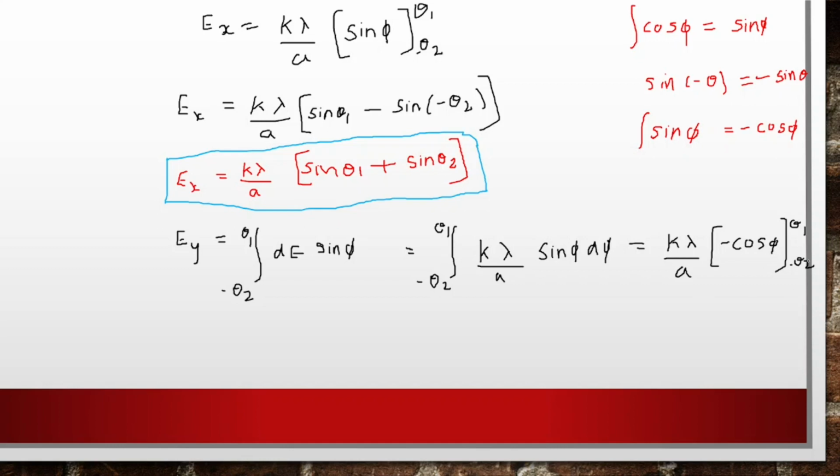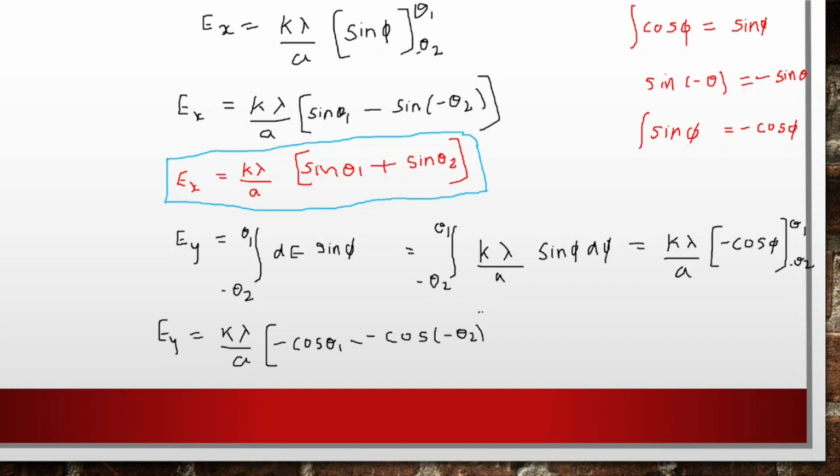Now when we are applying the limits, we get the equation as Ey is equal to k lambda by a, minus cos theta 1, minus of cos minus theta 2.